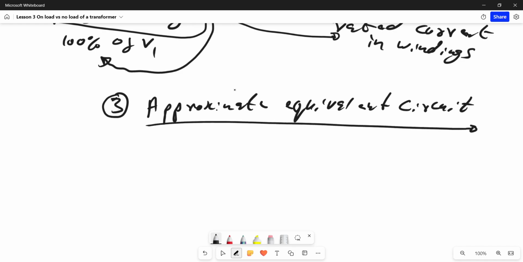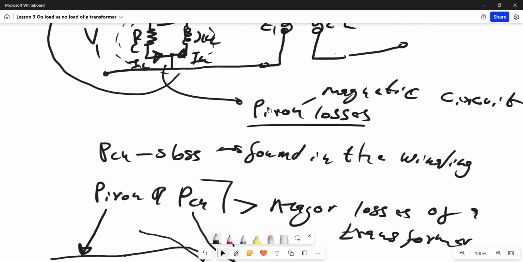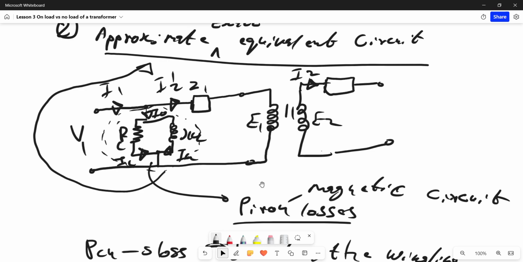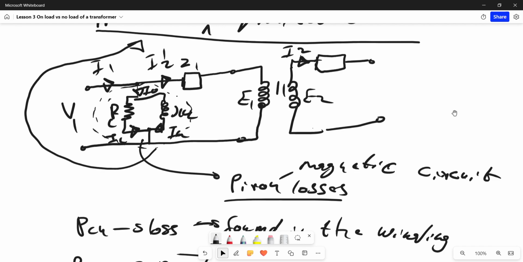Now what the rule says is that for us to get the third circuit, we consider the fact that the iron losses are dependent on the rated voltage.